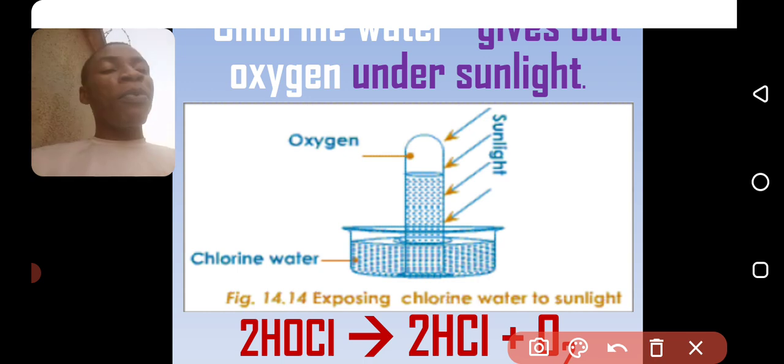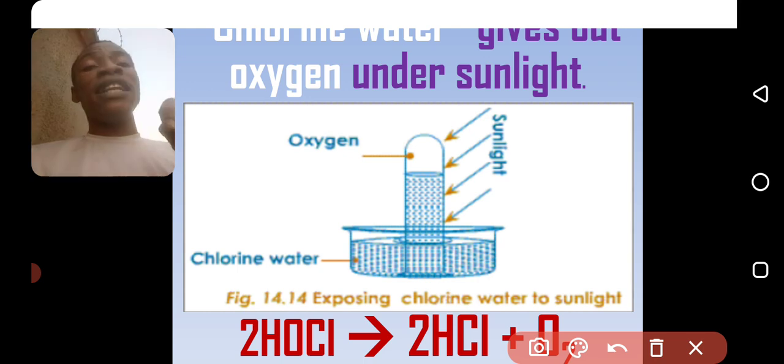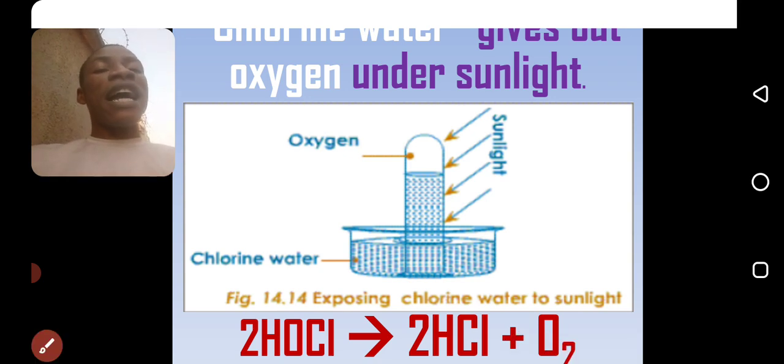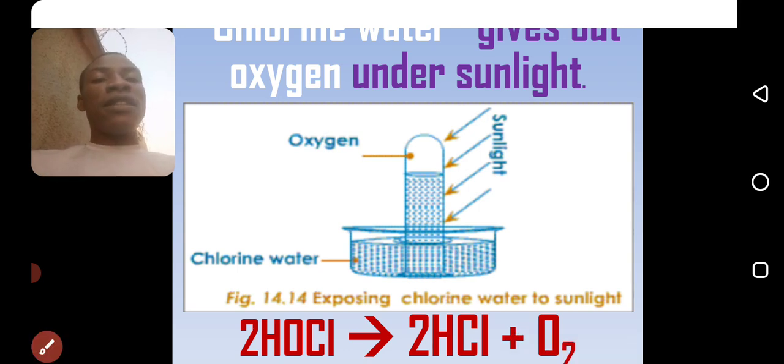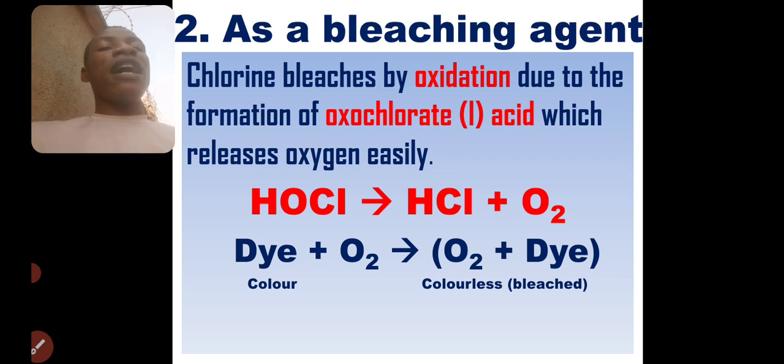This is what makes chlorine a very strong bleaching agent, because of the formation of that oxochlorate 1 acid, which will give out oxygen gas. So you bleach any compound, any fabric or any dye by oxidizing the dye. Look at the equation which you should learn: 2HOCl gives 2HCl plus O2.